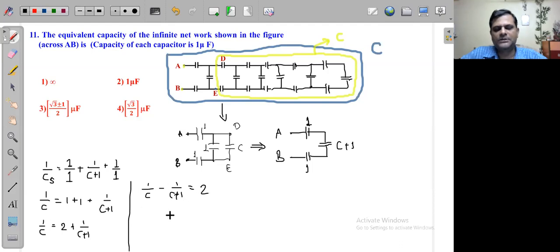So if we just cross multiply it here, then we can get that C plus 1 minus C upon C into C plus 1 is actually going to be 2.